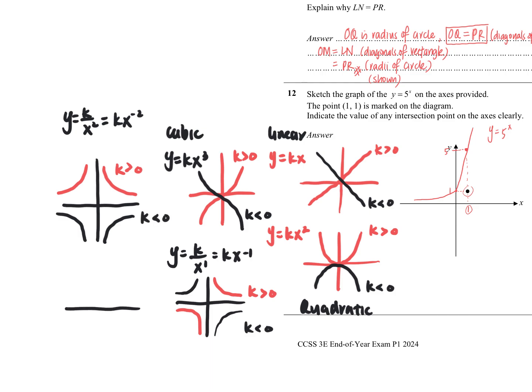The last type is the exponential. Okay, maybe I change to k. So when k is positive, it goes like this. When k is negative, it's at the bottom.